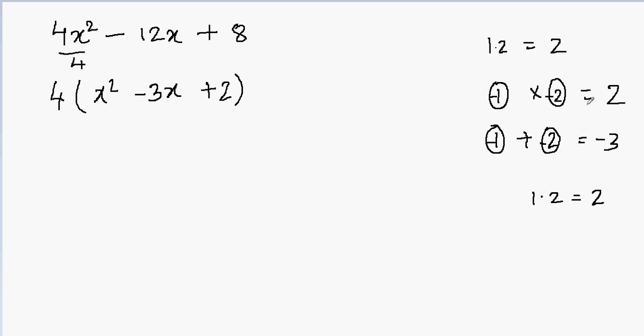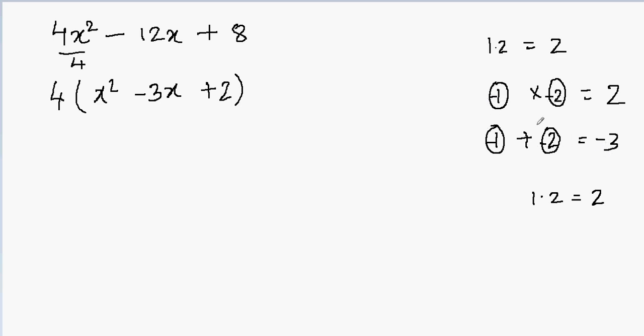Your product is only positive in two situations: either both the numbers are positive or both the numbers are negative. But in our case, both the numbers can't be positive, because then we won't get negative 3. So they have to be negative. That means our factors are negative 1 and negative 2.